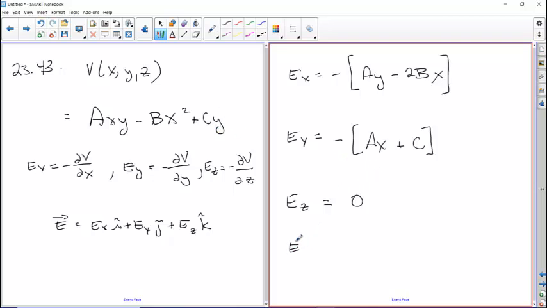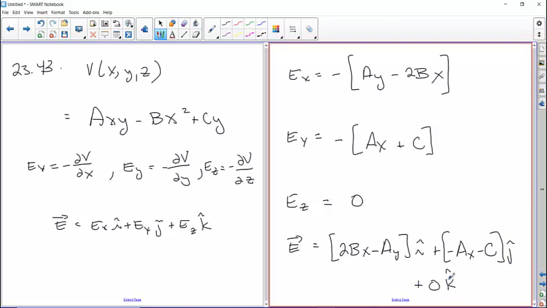So that gives us the electric field is going to be equal to, so I'm going to distribute that, so it'll become 2bx minus a times y, times the unit vector i, plus, again, we'll just go ahead and distribute it to both terms, negative a times x minus c, times j, and there is no k term, or the k term is 0.